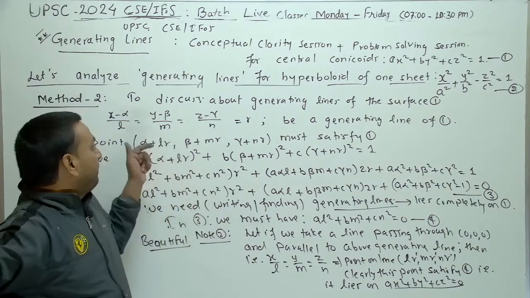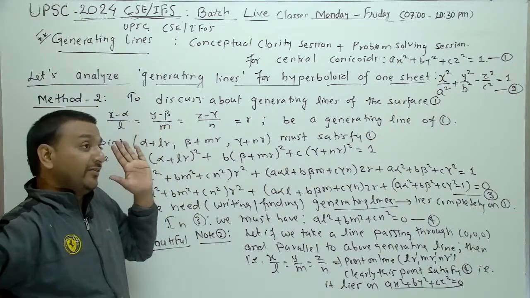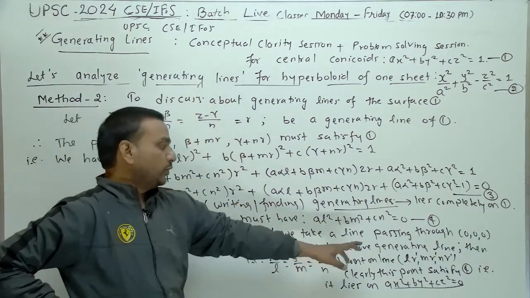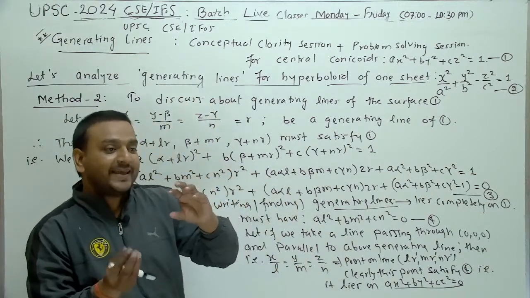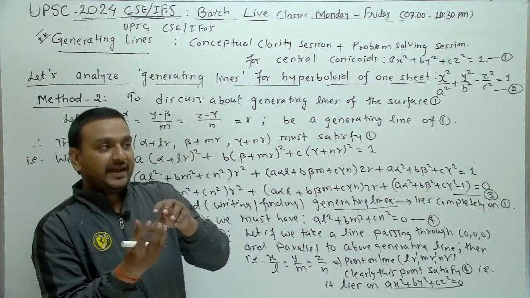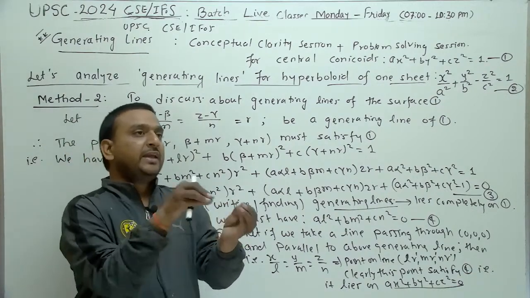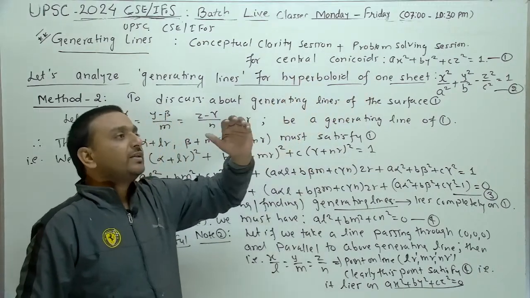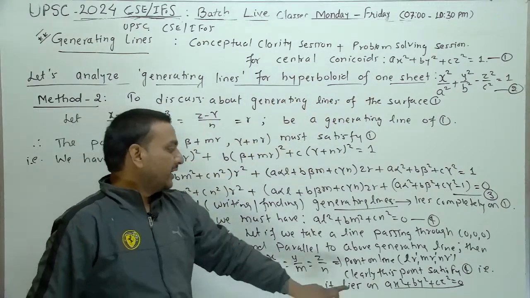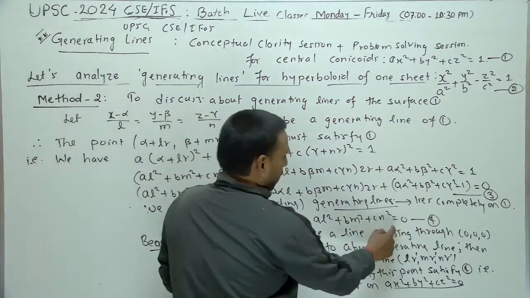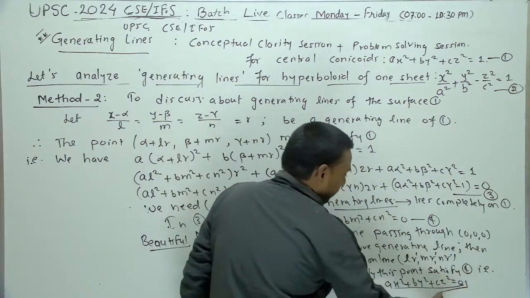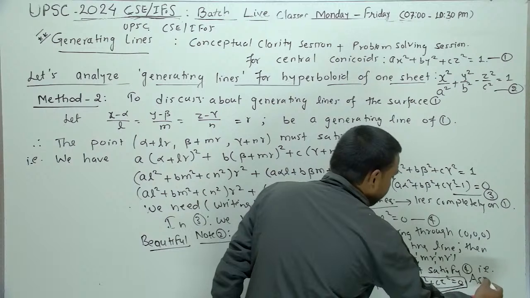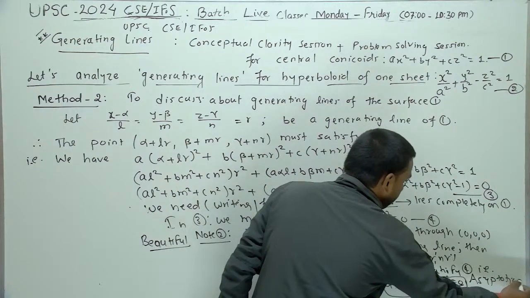If you take a line parallel to the generating line and that line passes through the origin, then any point on that line will satisfy surface 4, not surface 1. This surface is a very famous one. This is called asymptotic cone.